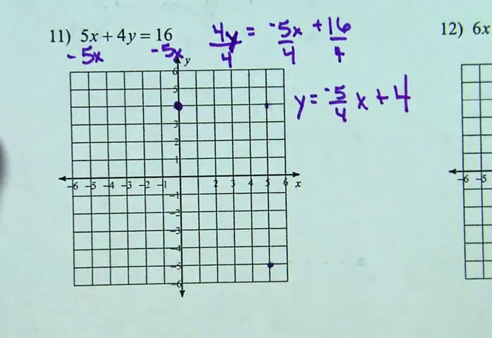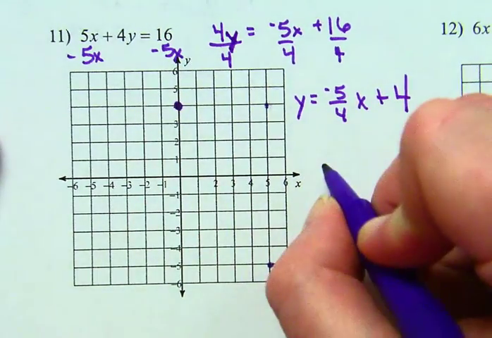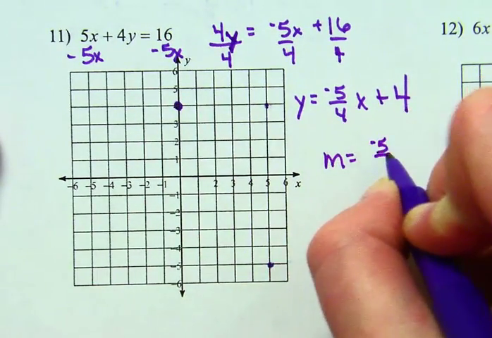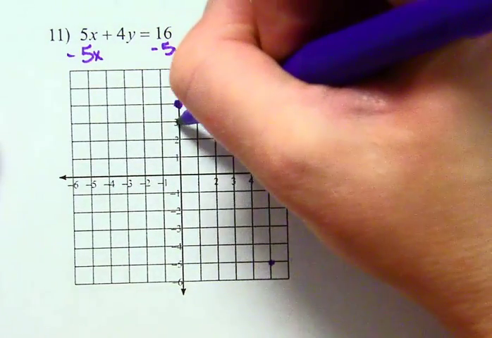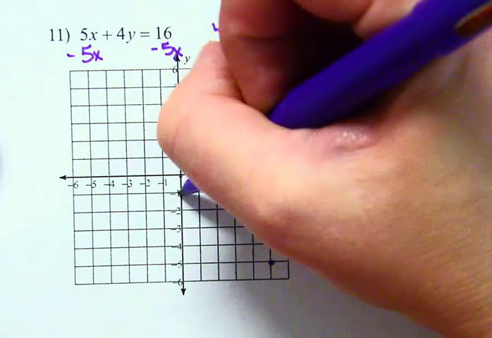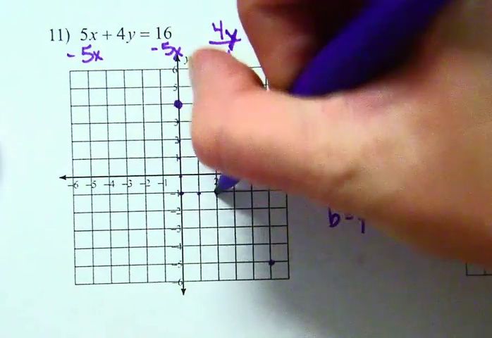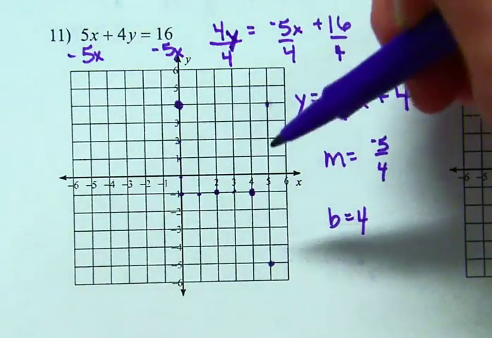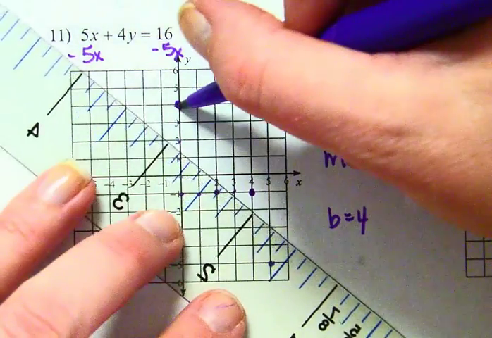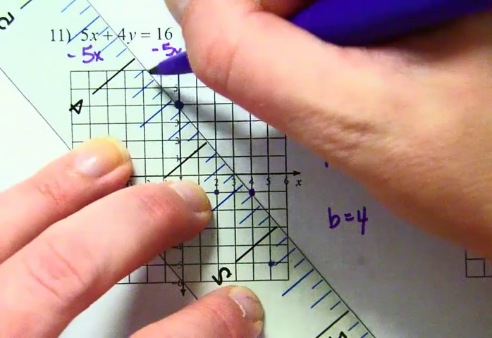My y-intercept is 4. My slope is negative 5 over 4. So I go 1, 2, 3, 4, 5 down, right, 1, 2, 3, 4. And that's all the space I have for this line on this graph.